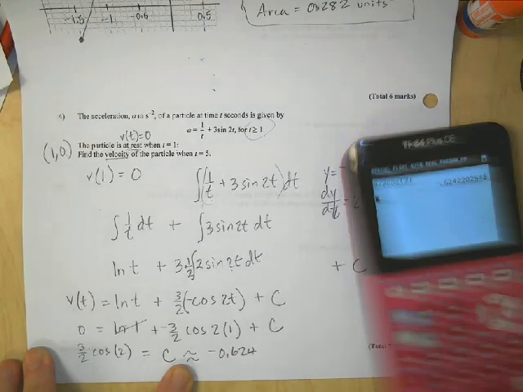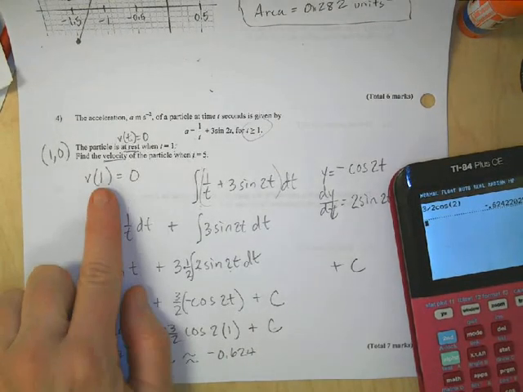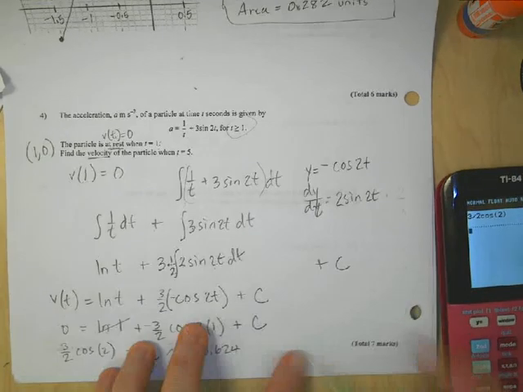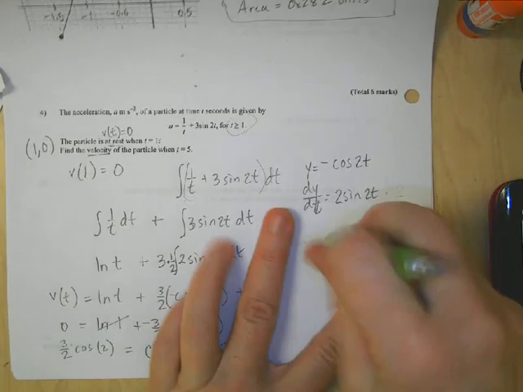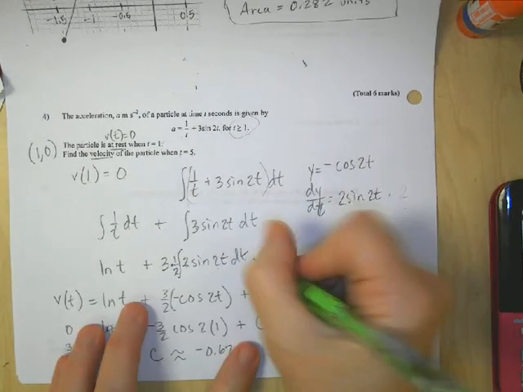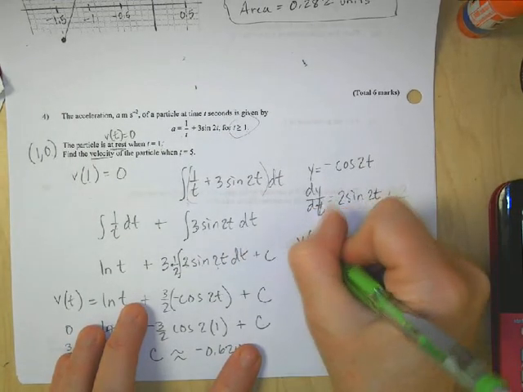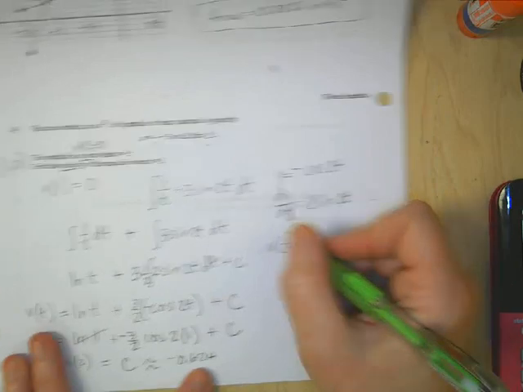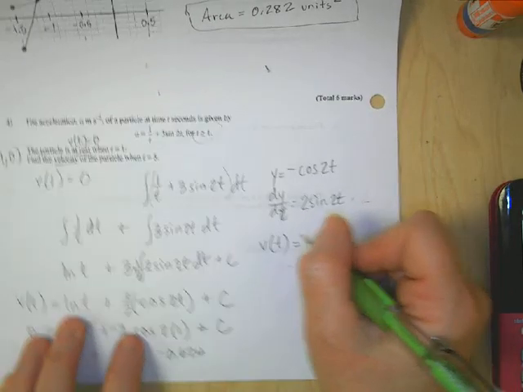So now I can write my whole velocity function. Move this out of the way, more space. My actual v of t is going to be equal to this guy right here, but with the c tacked on.